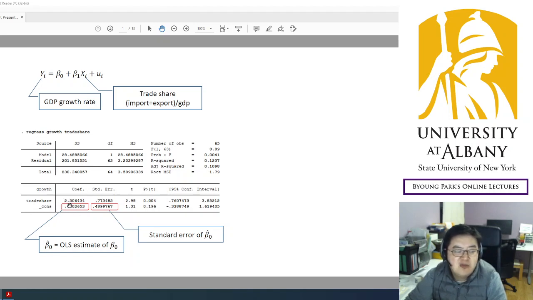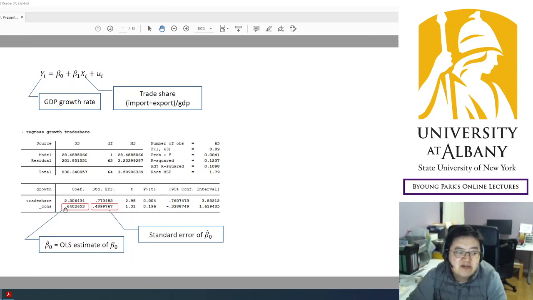I don't think it has much meaning, because these days virtually there is no country with 0 trade share, and most of the countries in our data will have quite a large trade share, different from 0.